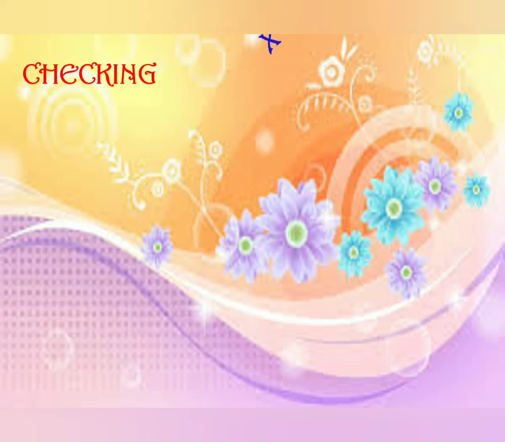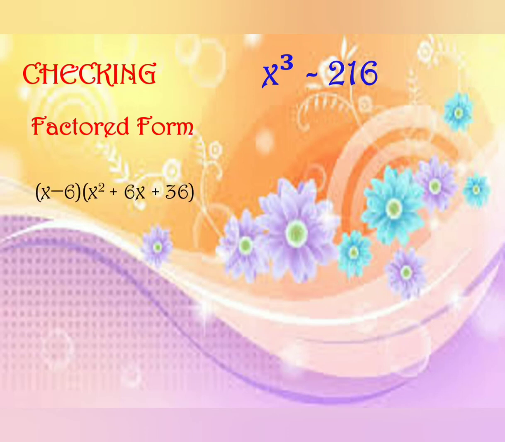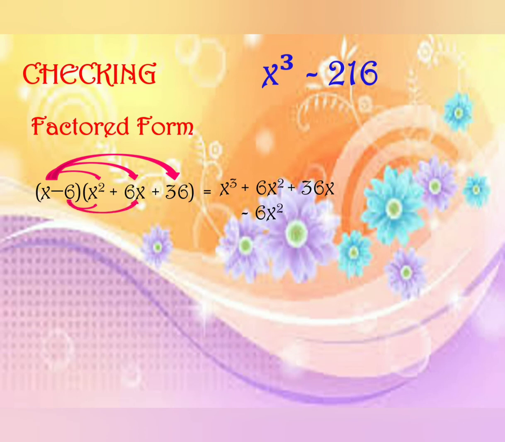Checking. Let's check if x cubed minus 216 equals quantity x minus 6 times quantity x squared plus 6x plus 36. Using the distributive property, we multiply x times x squared, which equals x cubed, x times 6x, which equals 6x squared, x times 36, which equals 36x, negative 6 times x squared equals negative 6x squared, negative 6 times 6x equals negative 36x, and negative 6 times 36 equals negative 216.